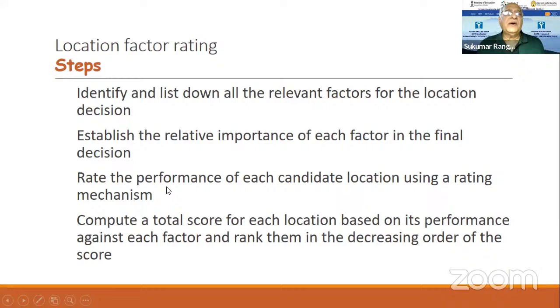Then the location factor method. Identify and list down all the relevant factors for location decisions, establish the relative importance of each factor, rate the performance of each candidate location using a rating mechanism, compute a total score for each location based on its performance against each factor, and rank them. It's a simple ranking method, which you can do by yourself.